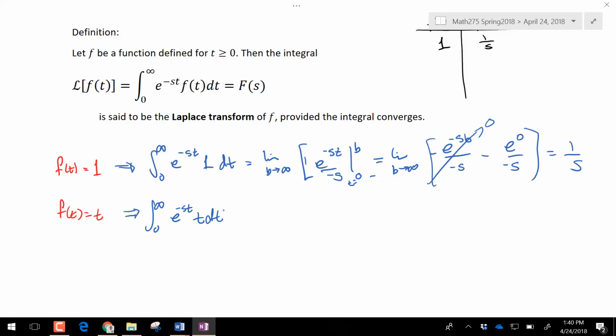So u, v, du, dv: u is equal to t, dv is equal to e to the negative st, and then v is going to be 1 over negative s.